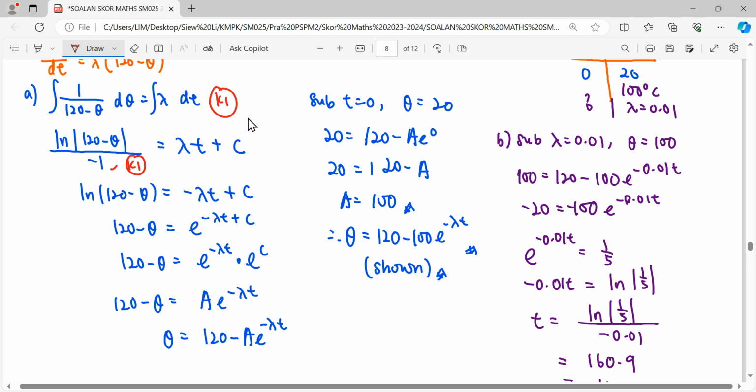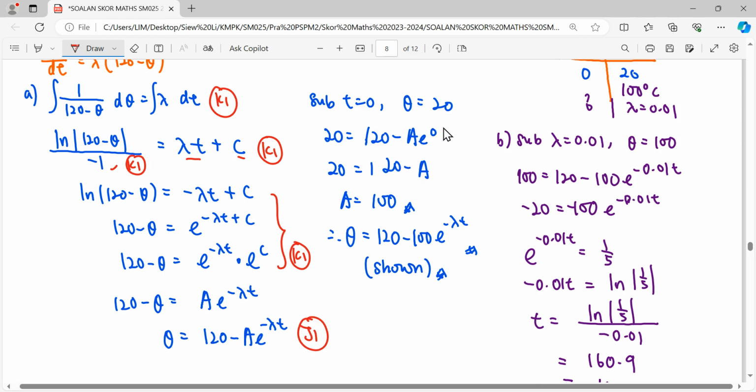Then integrate the right hand side with respect to t, we have lambda t plus c, and then we simplify. So move the unlog here, simplify this log and exponential, and then come to the stage of theta as the subject.